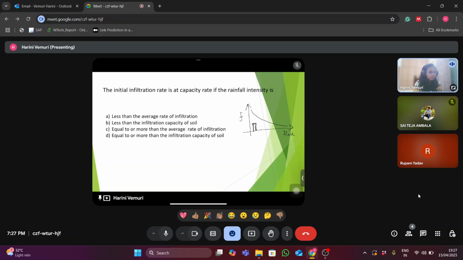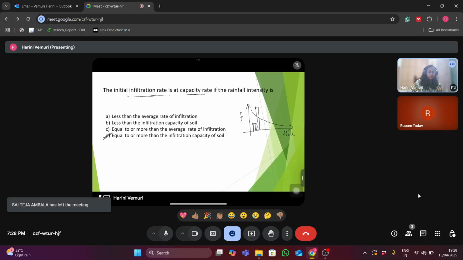If the rainfall intensity is more than or equal to the capacity, then the initial infiltration rate will be equal to the capacity rate. So the option is option D. Rainfall intensity when it is equal to or more than the infiltration capacity of soil, then the initial infiltration rate will be equal to the capacity rate.